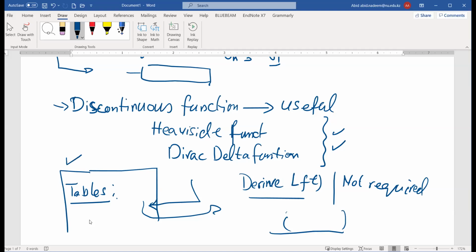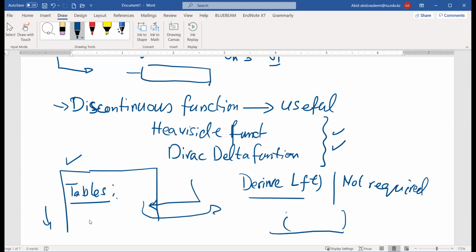For example, a shorter table is available in the first part of the first section of this chapter 6, and a slightly longer version is available at the end of the chapter. If you need more comprehensive tables, of course we can find those elsewhere as well.